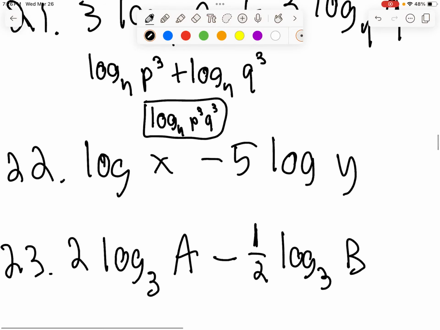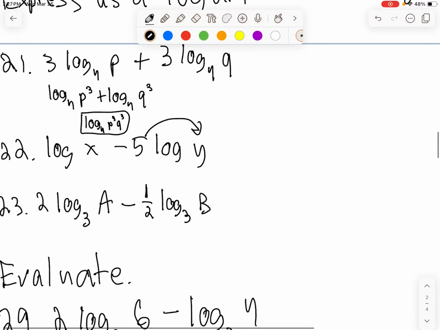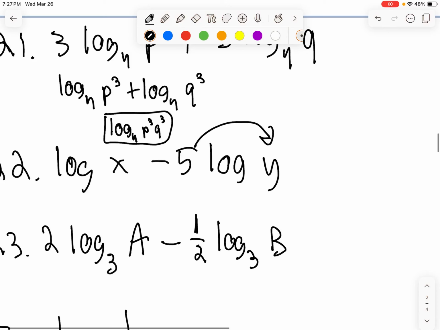Ooh, this is a hard one. So we still need the power rule. Still need the power rule. Don't make that mistake, kids. Yes, it's still base 10. Just lazy, as usual.